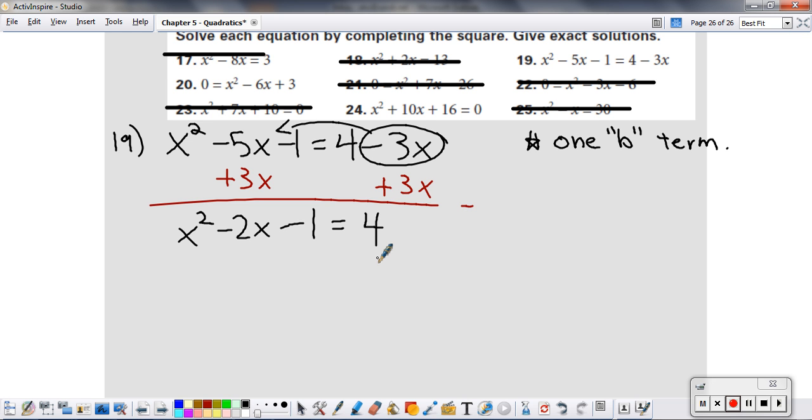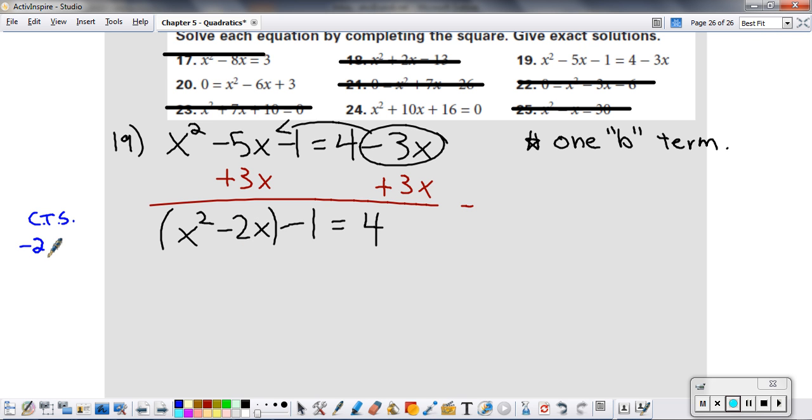From here, we're going to group off this second part right here, just the x squared minus 2x. Let's take x squared minus 2x, and let's complete the square. So to complete the square, what number do I have to take? If you said this negative 2, you're correct.